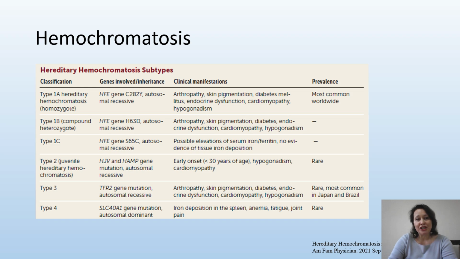We differentiate several subtypes of hereditary hemochromatosis, and the most common worldwide is type 1A.